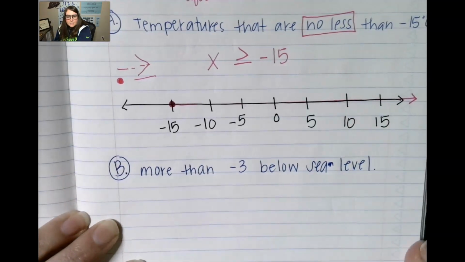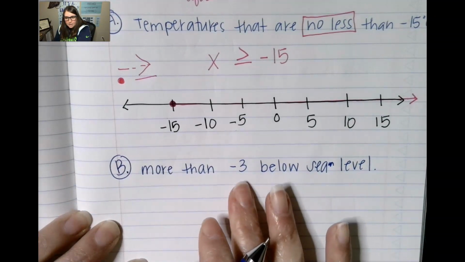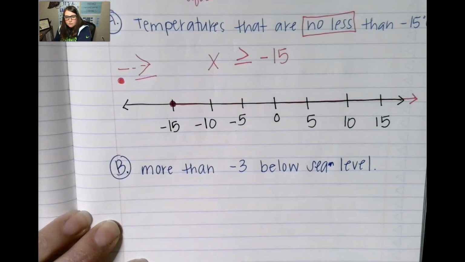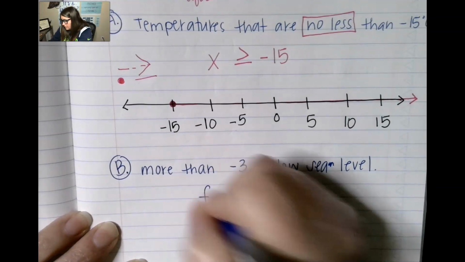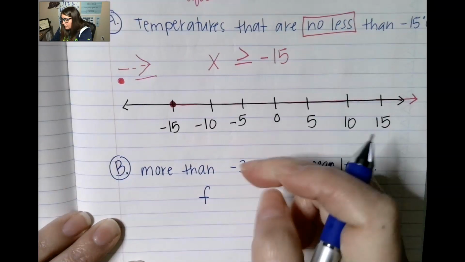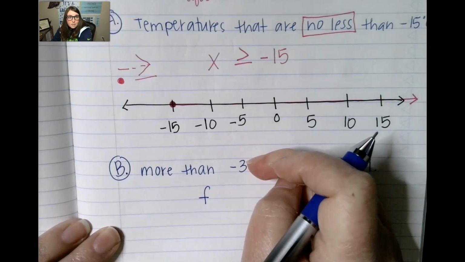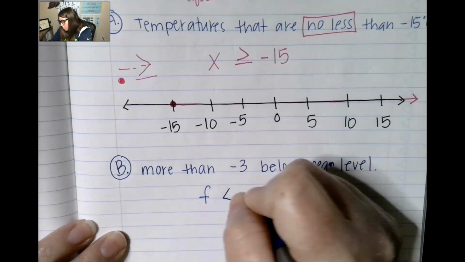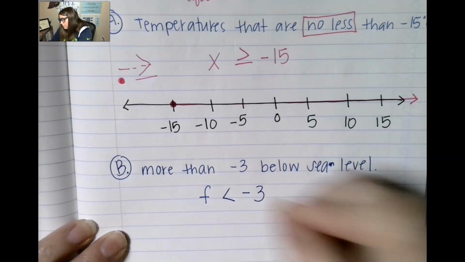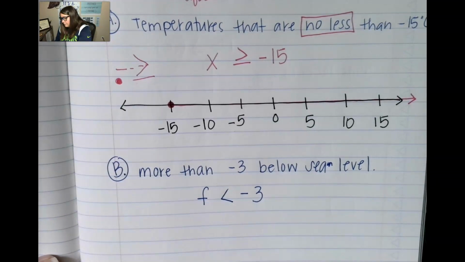So when we write this out, it's more than -3 below sea level. So that means that the fish is more than -3, so lower than -3, which means that F has to be below -3. So our fish is below -3 below sea level.